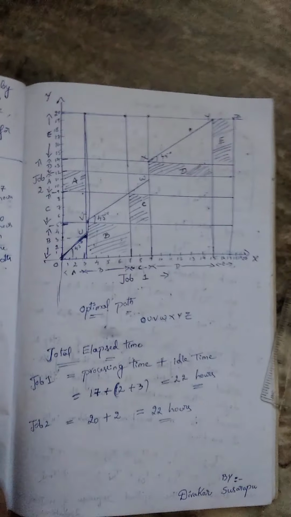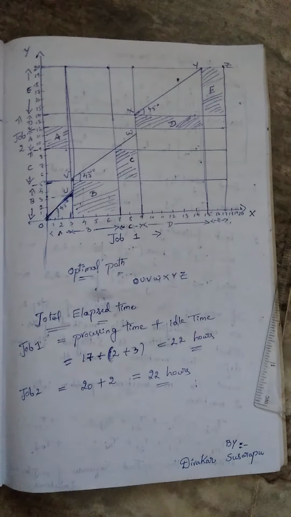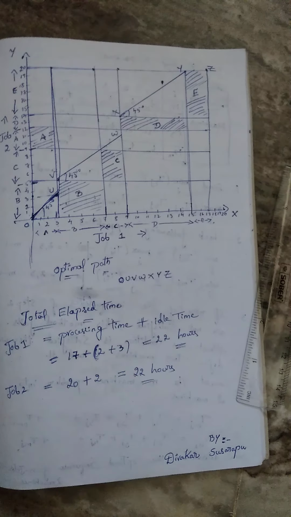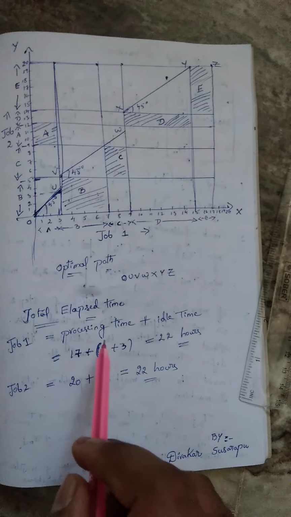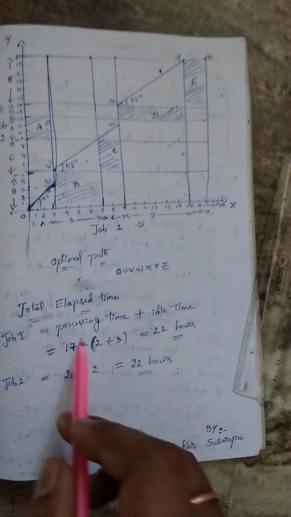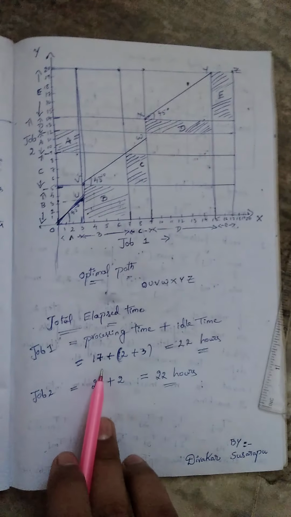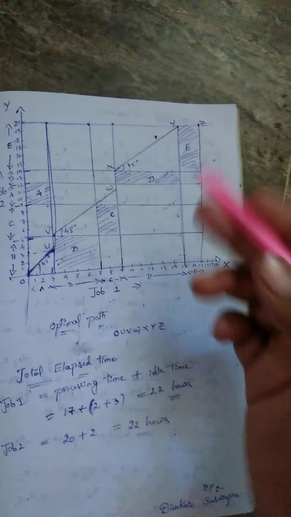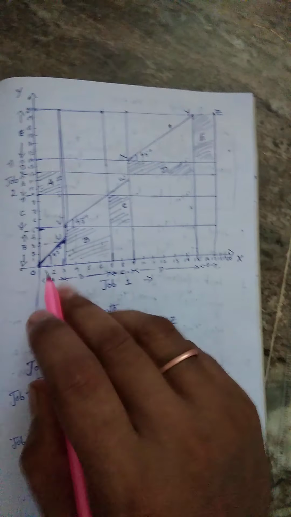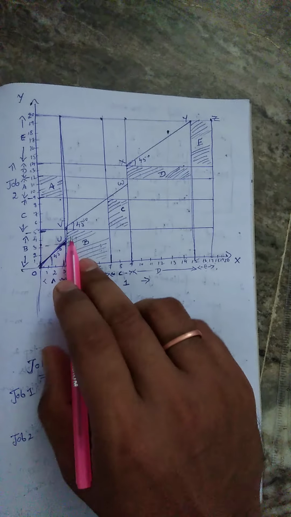Later on, the next step is calculating the total elapsed time of job 1 and job 2. Job 1 is nothing but the processing time plus ideal time. The processing time for job 1 is 17 hours. Now for the ideal time, the diagonals we already drew identify the ideal time on the horizontal axis of job 1.